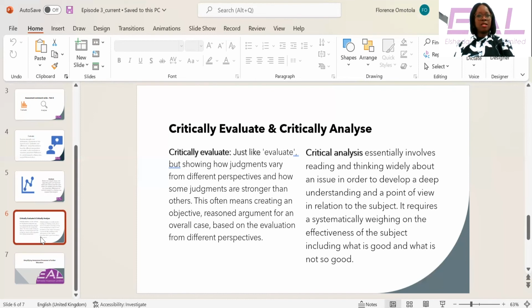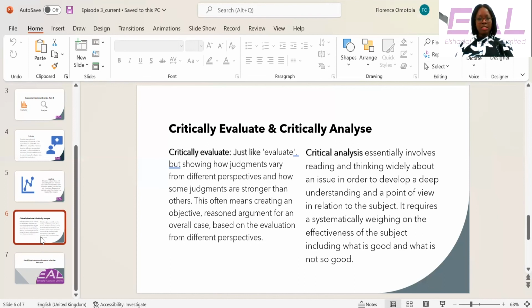You want to critically evaluate. Critics always find something that they don't go along with in anything. Even if sometimes there isn't much to criticize, they will still point out some things. And this is what critically evaluate is talking about. It's not saying that when you're critically evaluating, there's no good part to the subject matter.